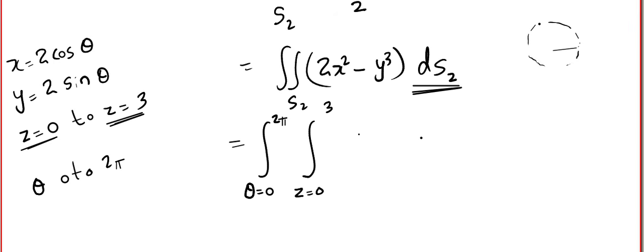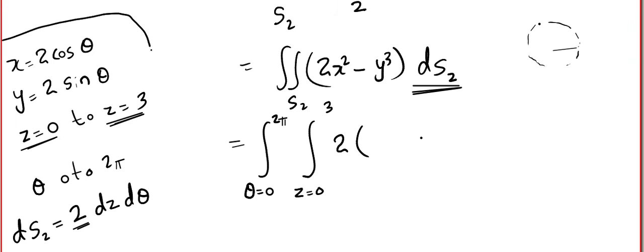And the differential you have to remember from multiple integrals. It is given by r dr d theta, and here it will be r into the new variables, dz d theta. So it will be 2 into, what is x? 2 cos theta. So remember, all these come from multiple integrals, and this is the cylindrical substitution.